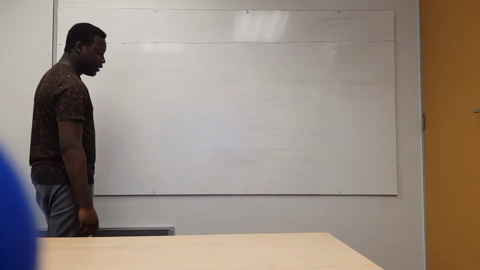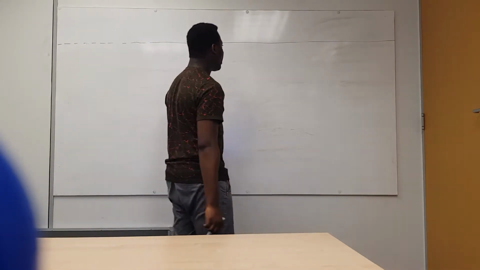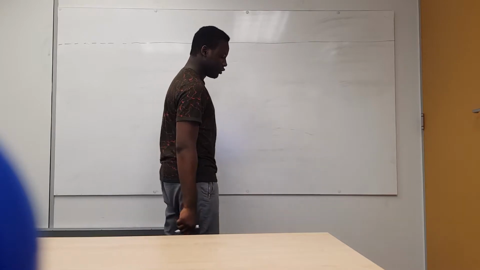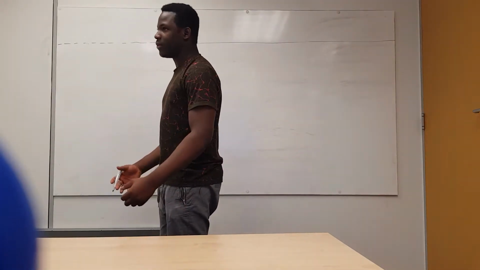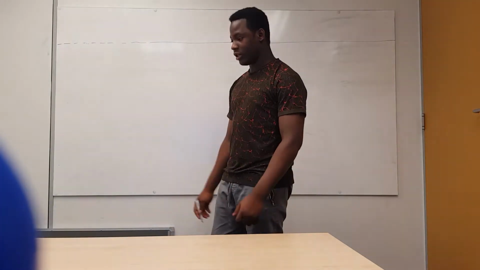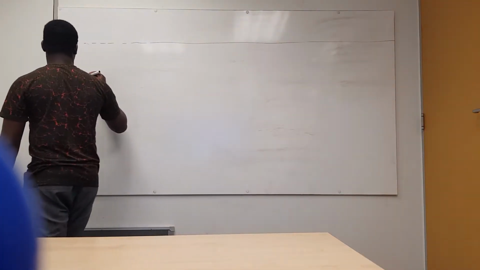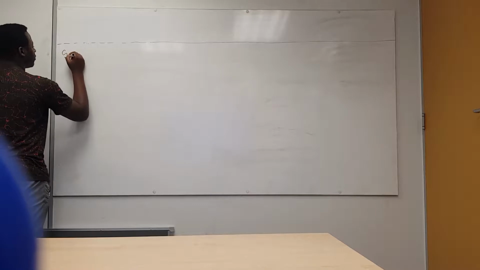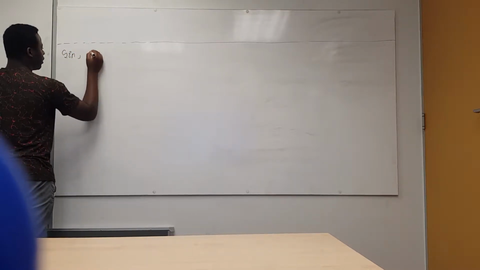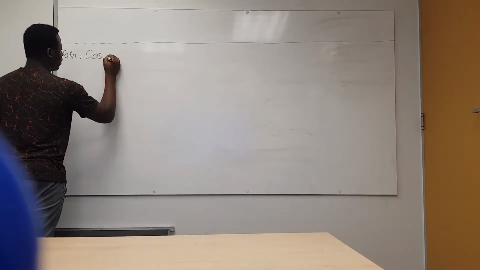Now, we have 6 functions in trigonometry. The first 3 functions are the normal ones we use, while the other ones are the inverses. So we have sine, cosine, tangent.